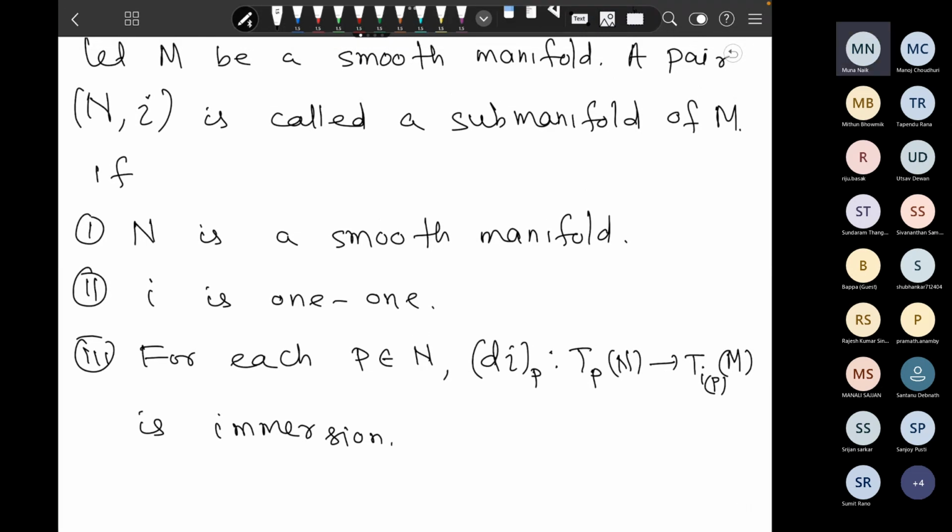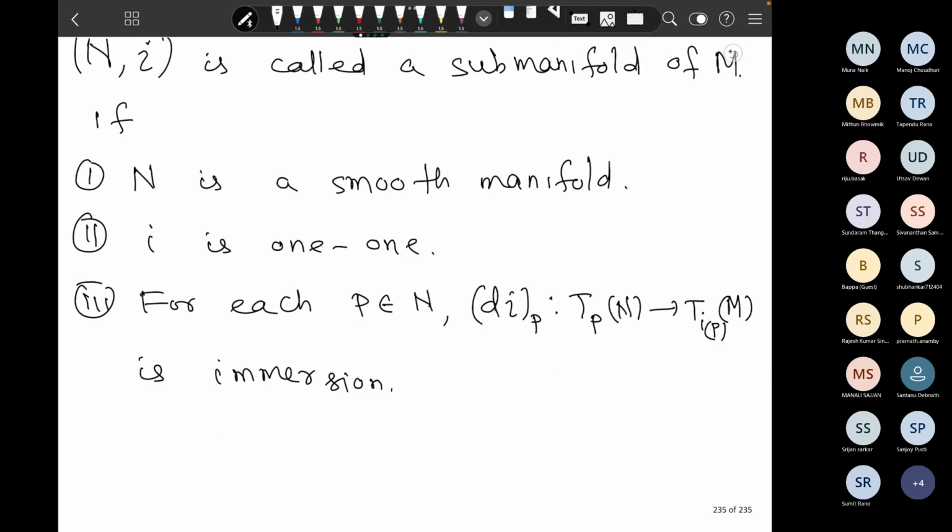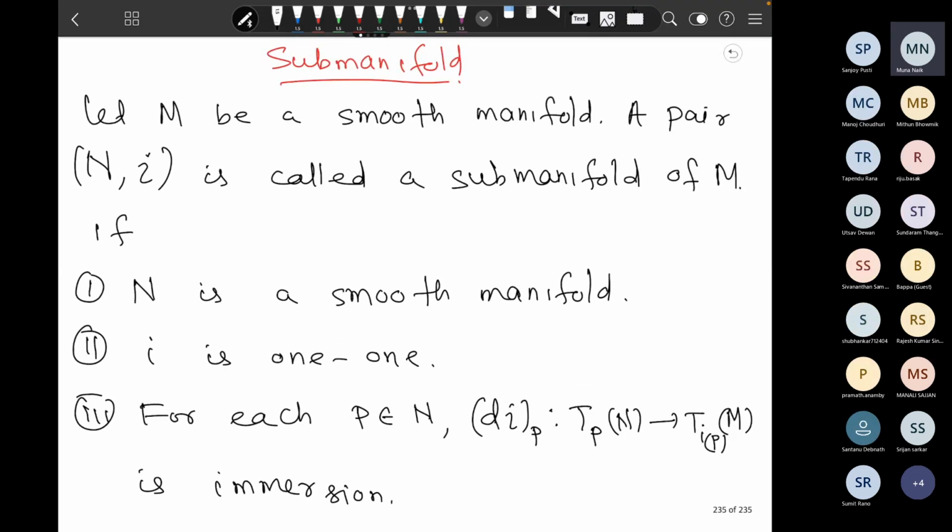I am not assuming that N is a subset of M. Sorry, actually I should have mentioned this: I from N to M is 1-1.